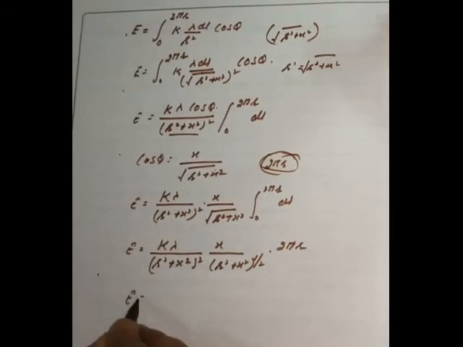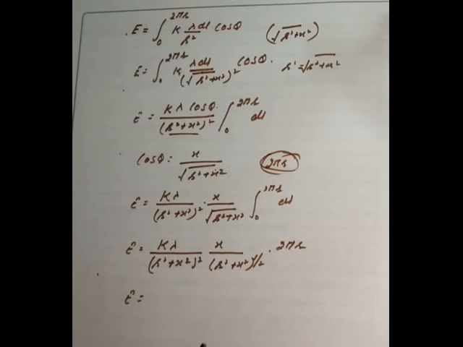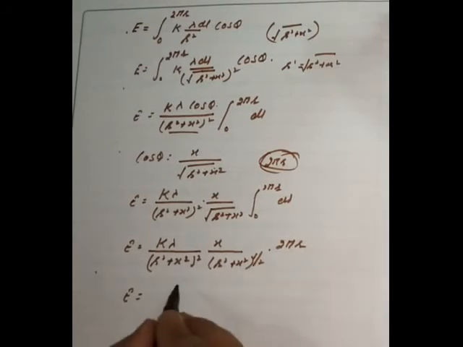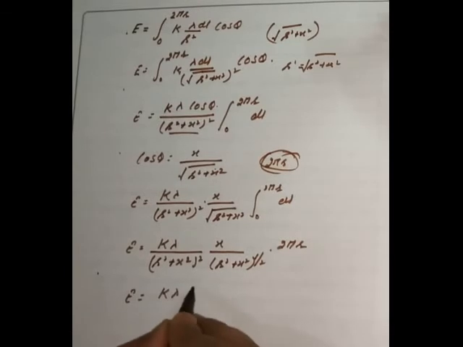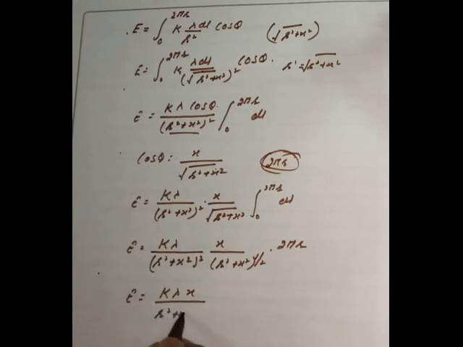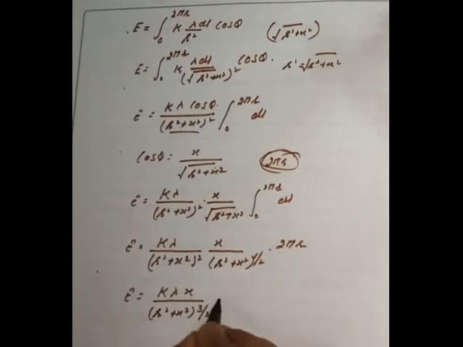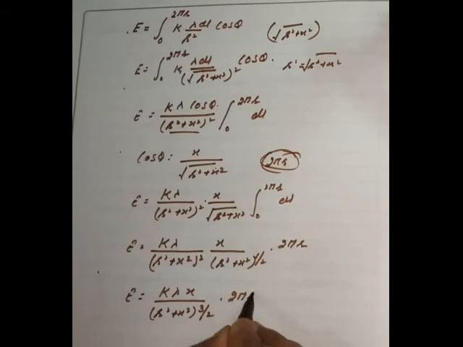Electric field E will become k lambda x upon r square plus x square 3 by 2, pi r.